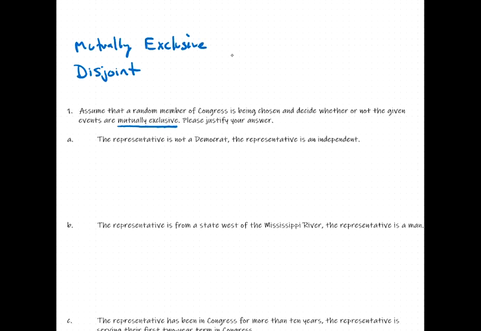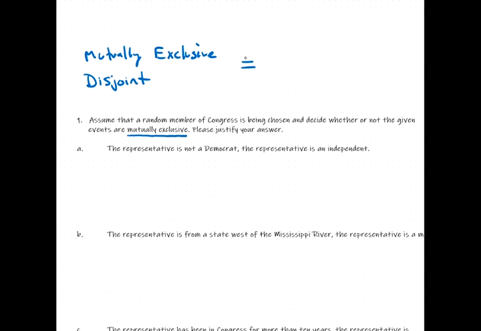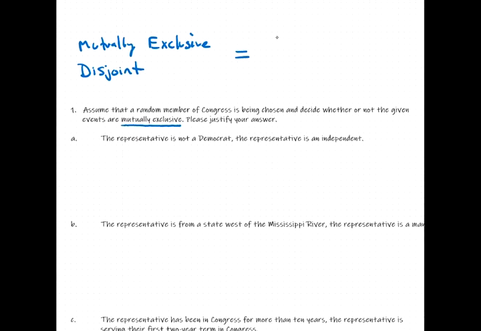And two or more events are mutually exclusive or disjoint if they cannot happen at the same time.